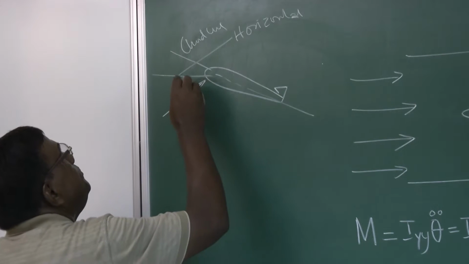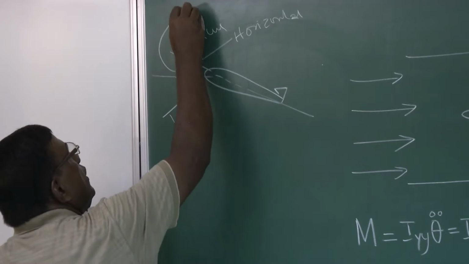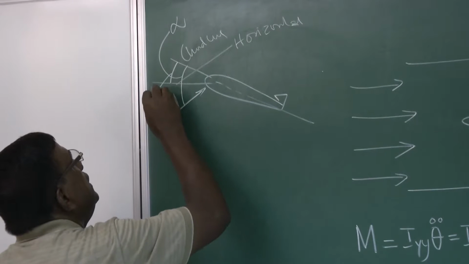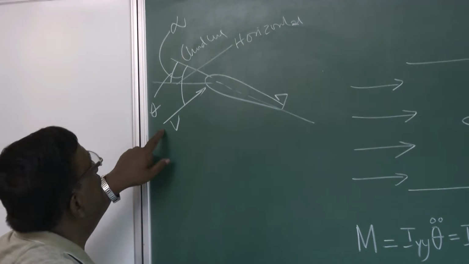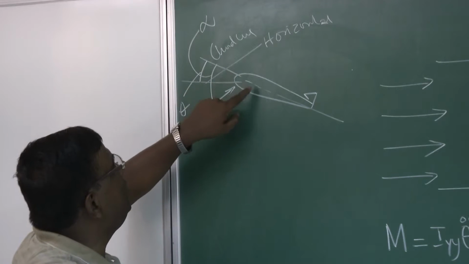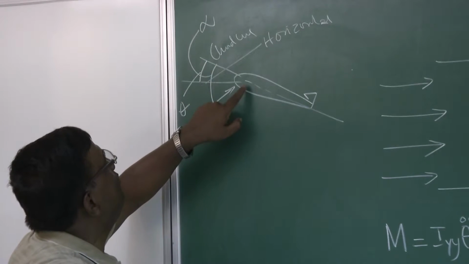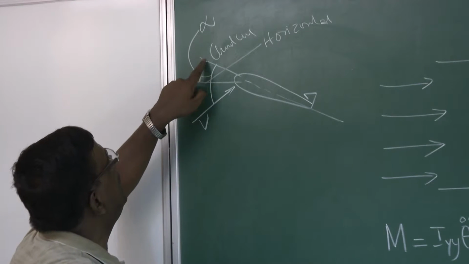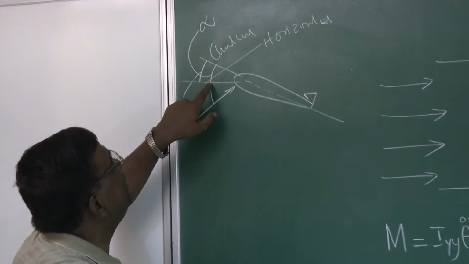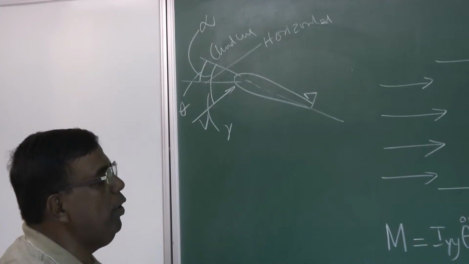Then the angle between the velocity vector and chord line is alpha. And how much this chord line is making with horizontal is theta. And how much the velocity vector is making with horizontal is gamma. Repeat, the angle between chord line and the velocity vector is alpha. The angle between horizontal and the chord line is theta, that is the pitch angle. And the angle between velocity vector and horizontal is gamma, the flight path angle.